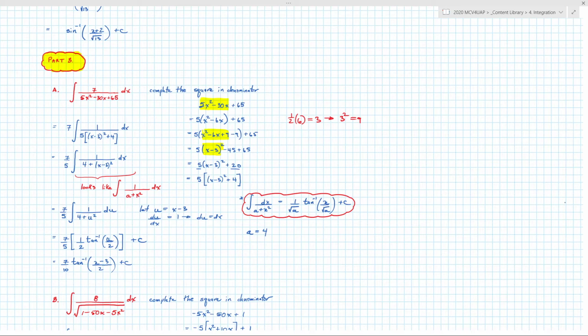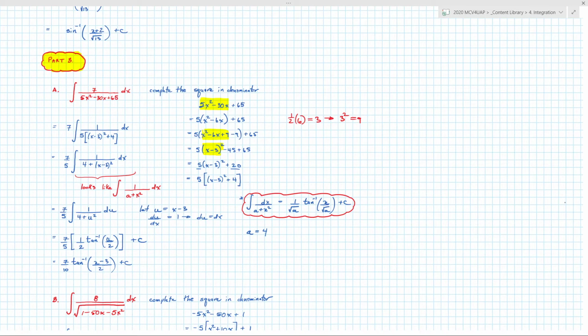So again, to recap what we're doing in this example, we've got a rational function with a constant in the numerator and a non-factorable quadratic in the denominator. So because there's no square root sign in the denominator, I'm probably going to try and make this look like the 1 over a plus x squared integral, the tan inverse integral.